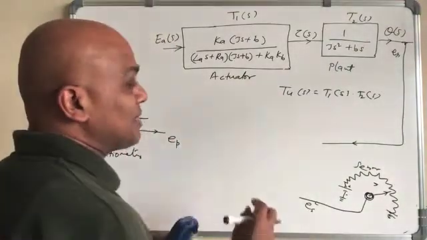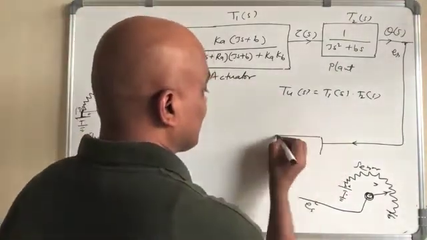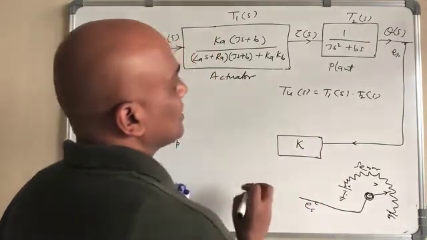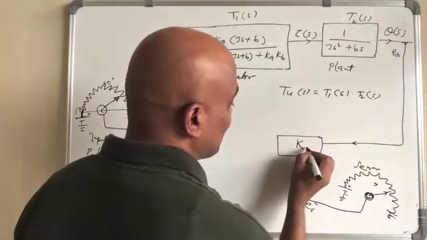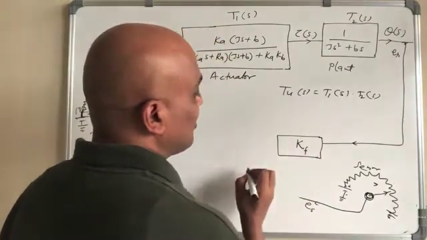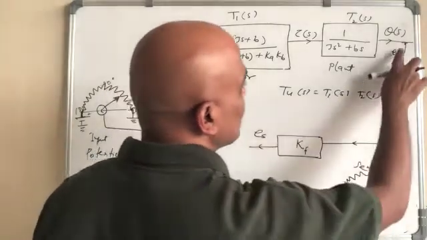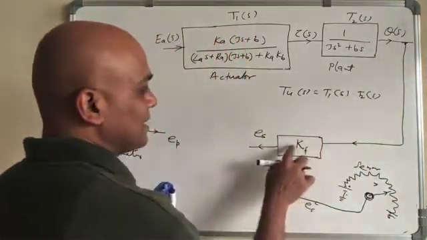Basically that really means there will be a K here, which is about a feedback loop, so let's call it KF, and here you have ES. So ES is not here, but this is the sensor.